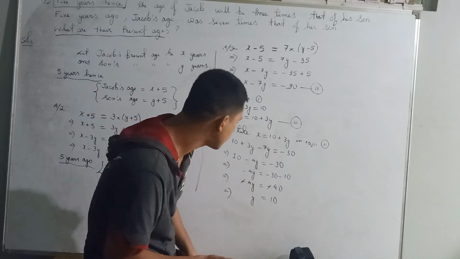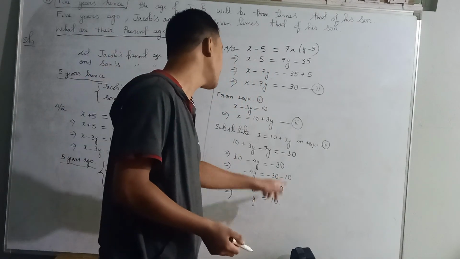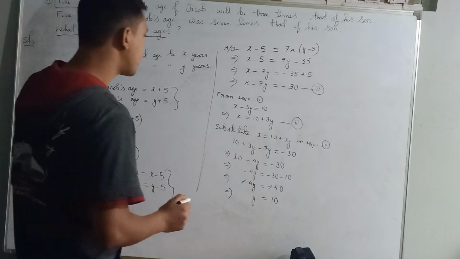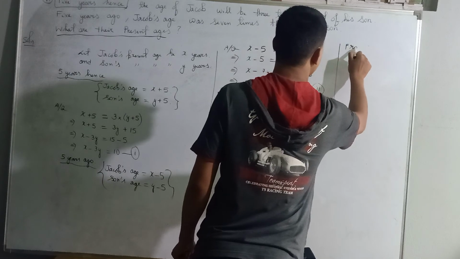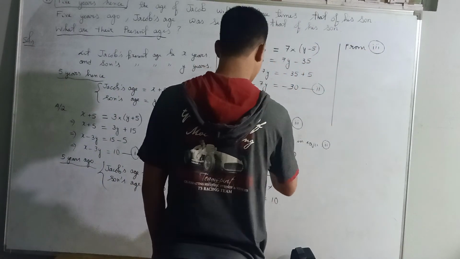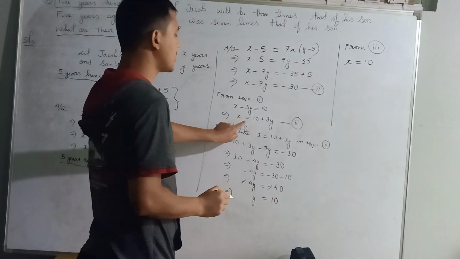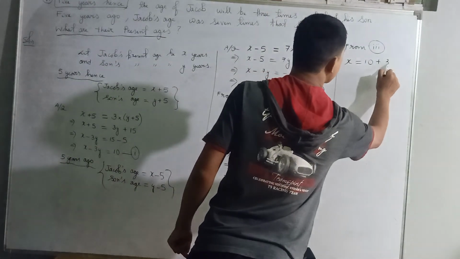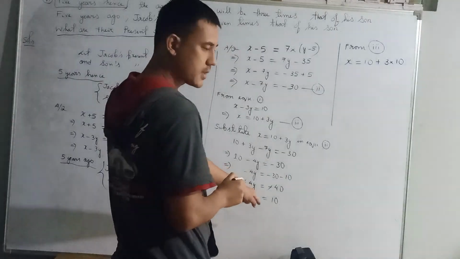Now we have obtained Y. So this value of Y we can substitute in equation 3. Your equation 3 is X equals to 10 plus 3 times Y. Your Y is 10.